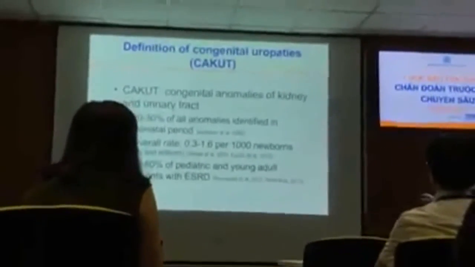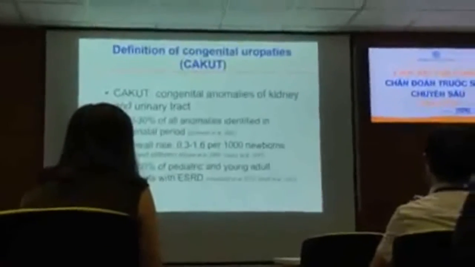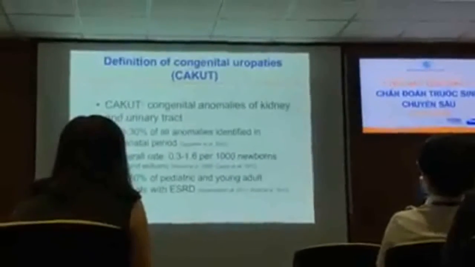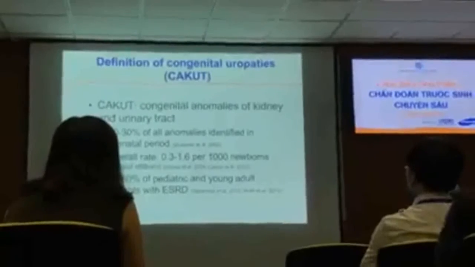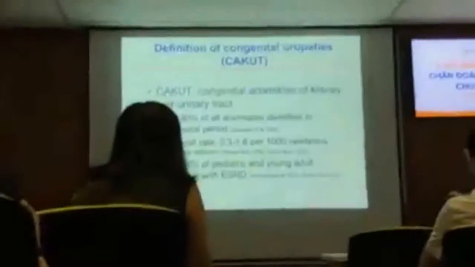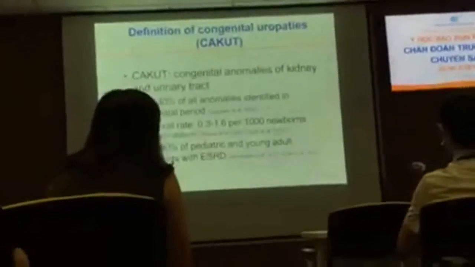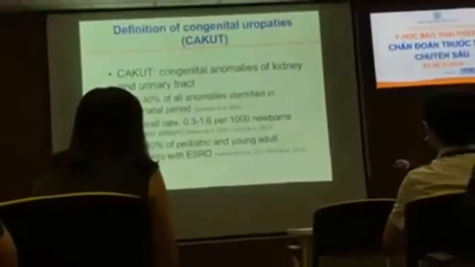So what is CAKUT? It is a congenital anomaly of the kidney and urinary tract. It's 20 to 30% of all anomalies that can be identified in the prenatal period, and that's from a 2002 paper. I believe now more and more fetal anomalies can be identified prenatally.